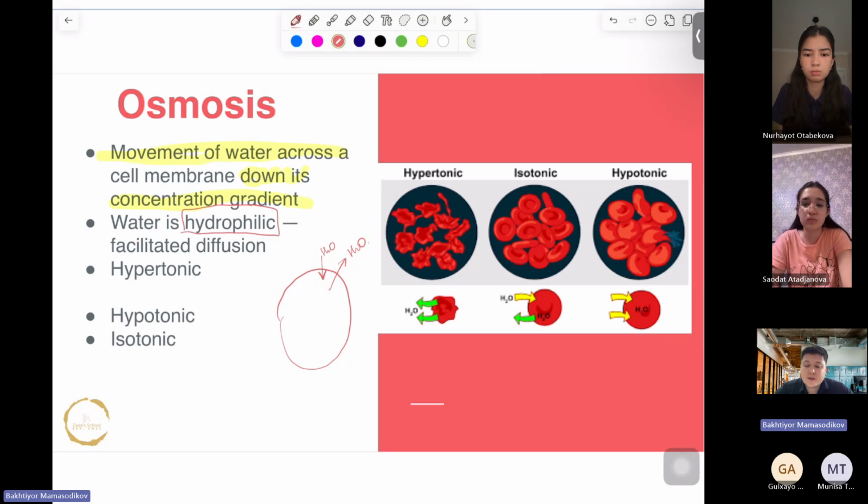Saudat, what do you think? How many ATP is used to move the water molecules inside the cell or outside the cell? Nurhayat is saying 2. Saudat, what do you think? You have to unmute yourself. I don't know.